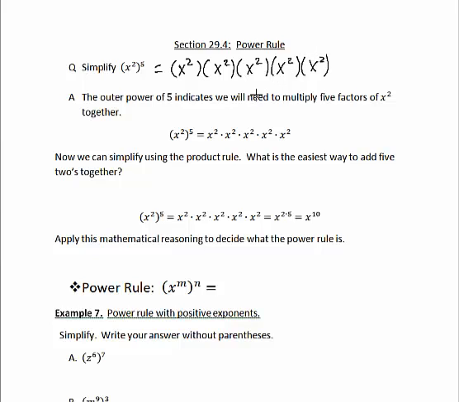Just like that. Okay. In the workbook, the parentheses were simply avoided and dots were used for multiplication instead. There's really no difference. Either one indicates multiplication. But we still have 1, 2, 3, 4, 5 x squareds. Okay.